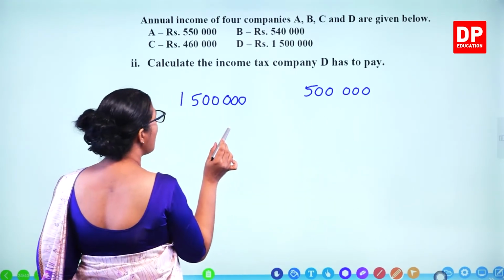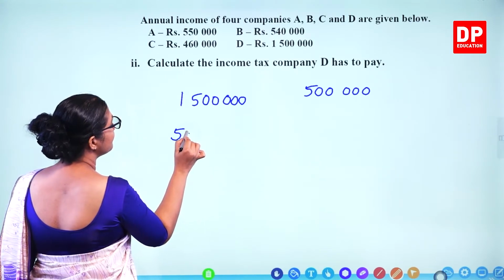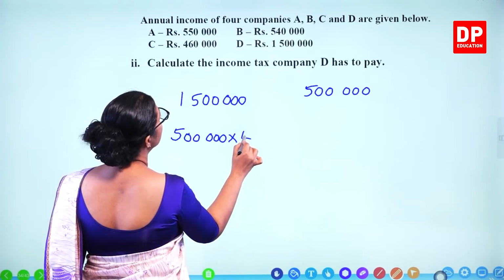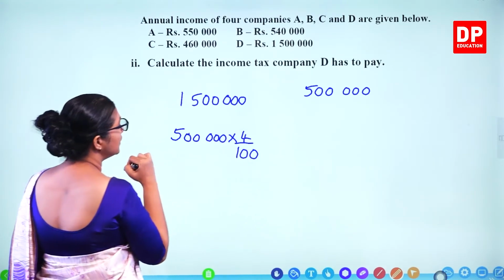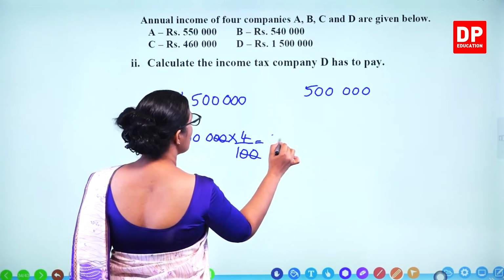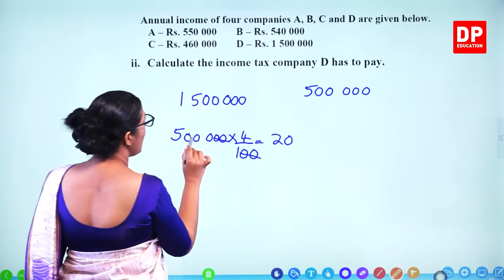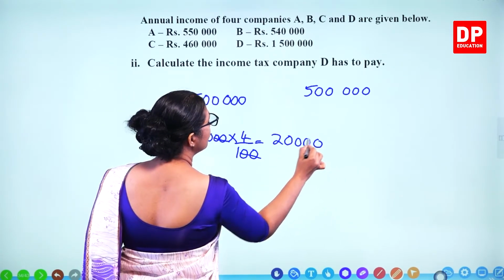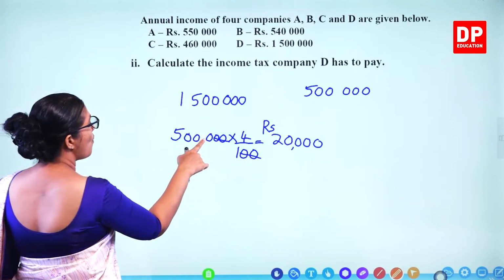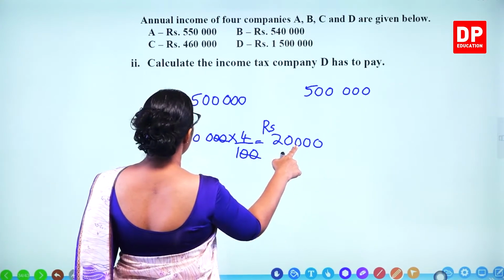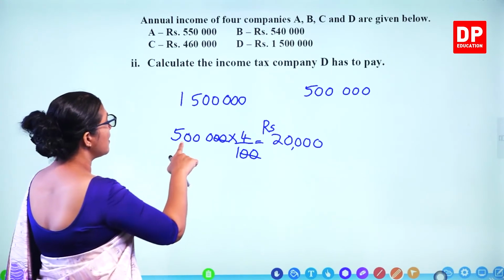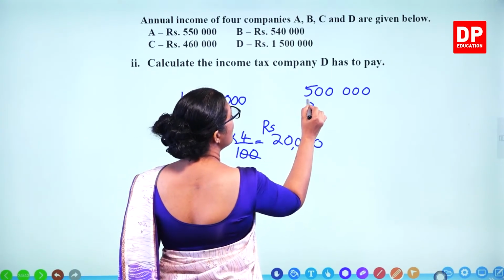Then for the next 500,000, that's 4%. So 2 zeros get cancelled out. 4 times 5, 20, 1, 2, 3. So 20,000 rupees. That's second 500,000 rupees.